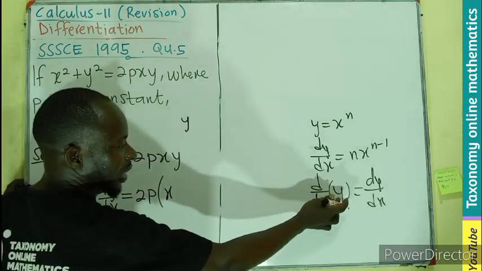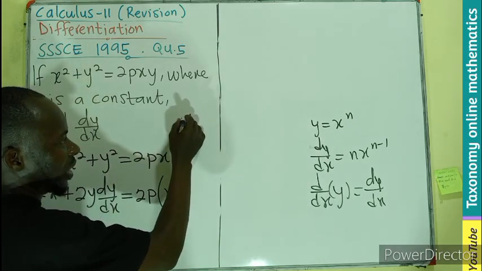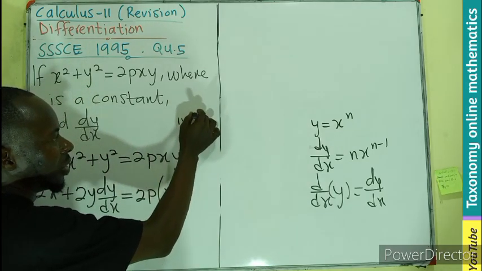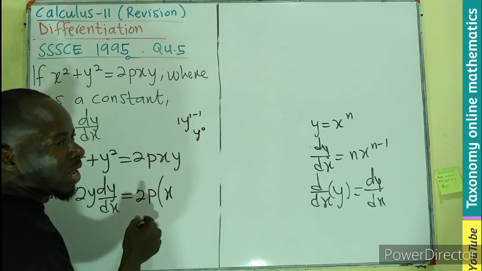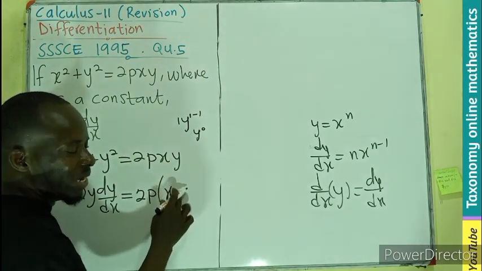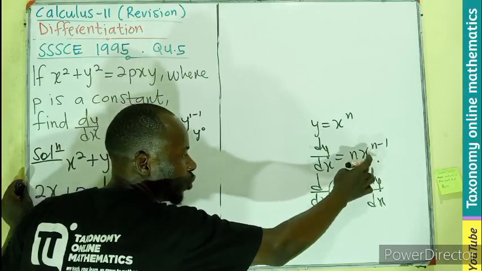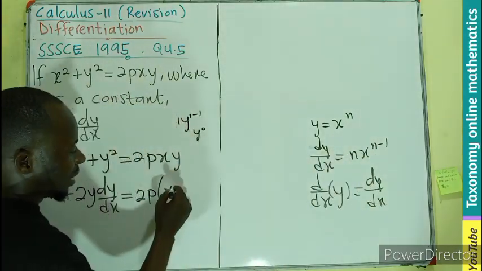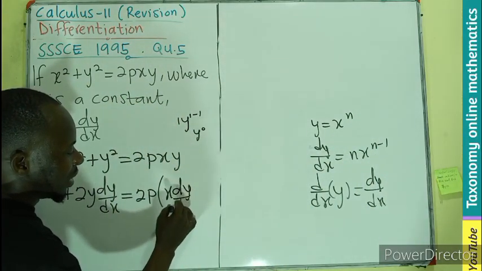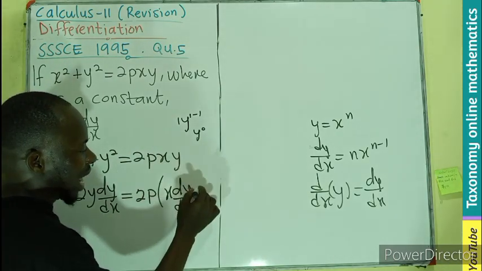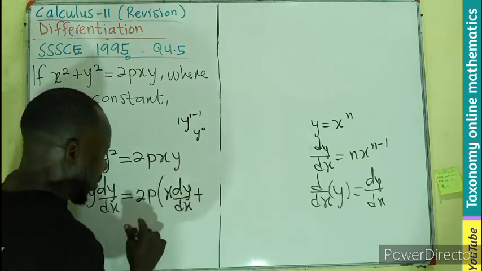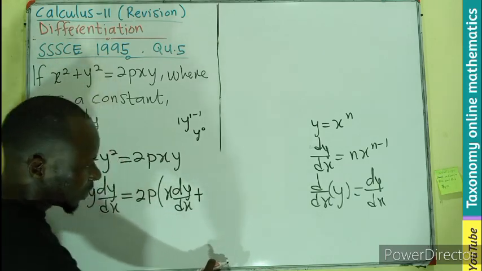Differentiating y, you have 1 coming forward, subtract 1 to get 0, so we have y exponent 0, which is 1. That 1 will be there before we introduce the dy/dx.